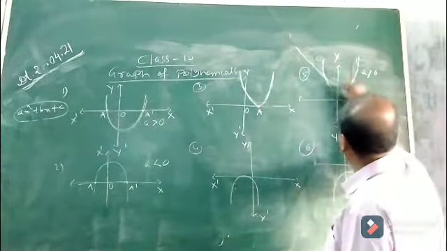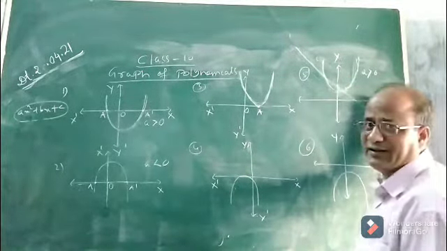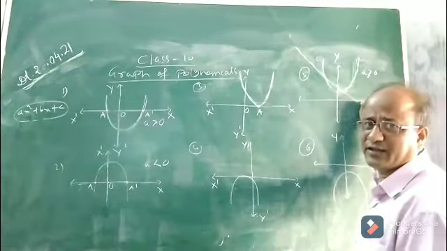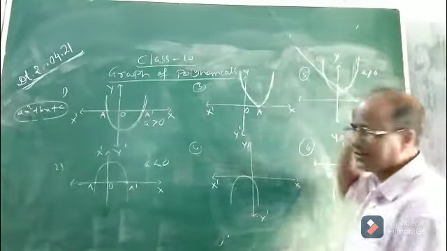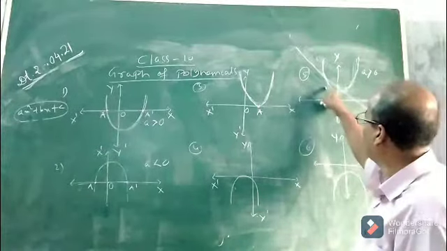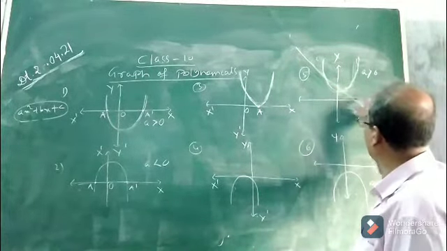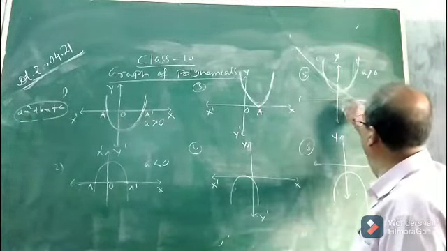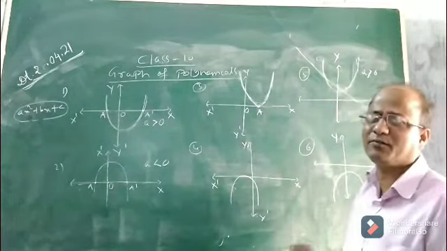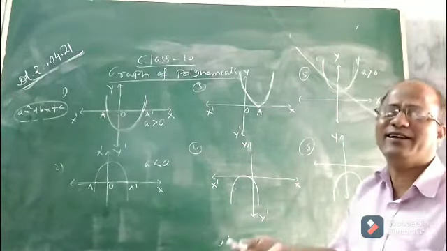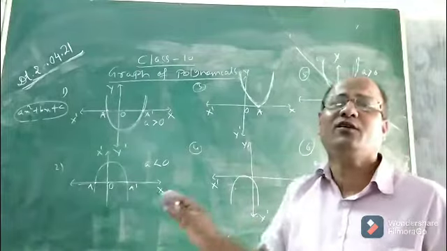As the parabola neither cuts or intersects the x-axis, nor does it touch the x-axis, what will be the conclusion? Clearly, it is very clear that it has no zero.